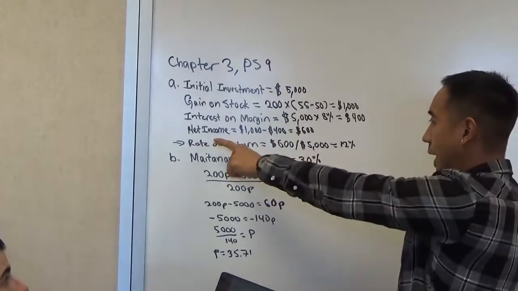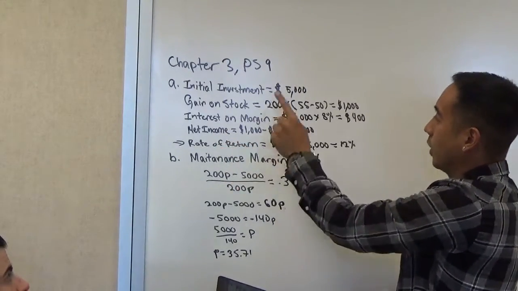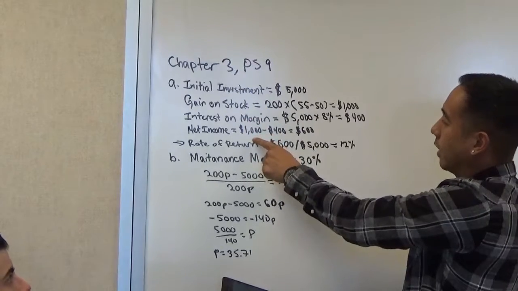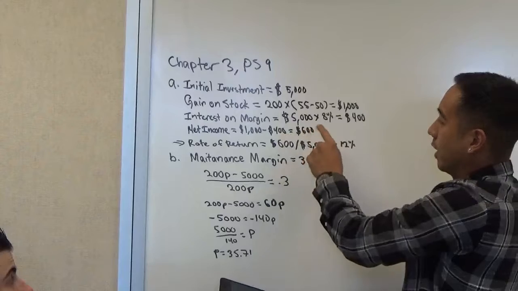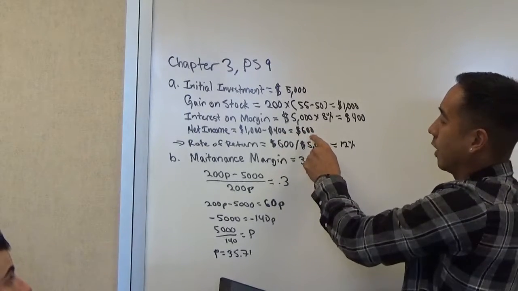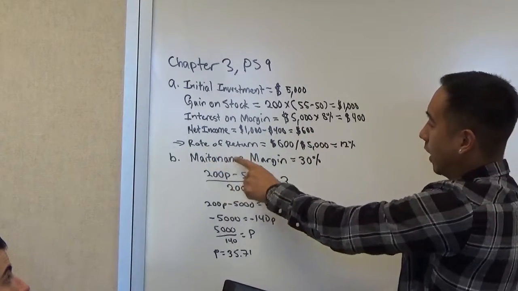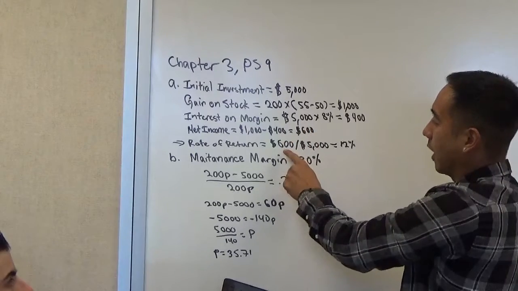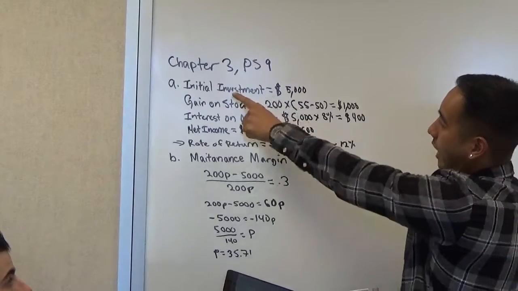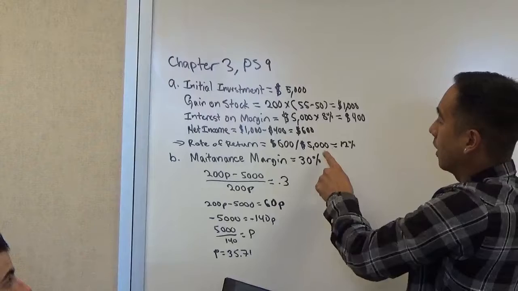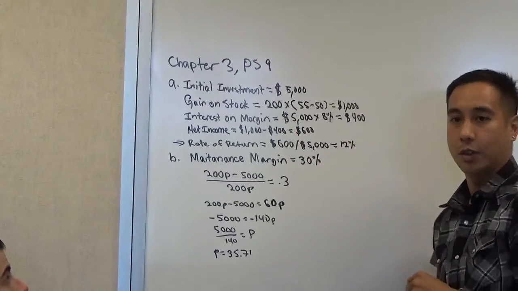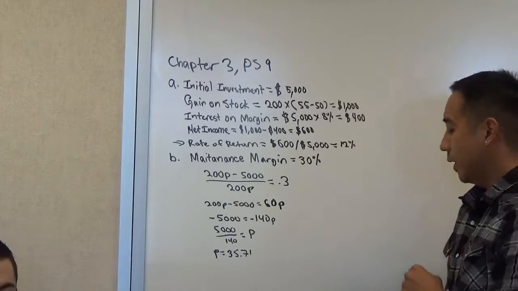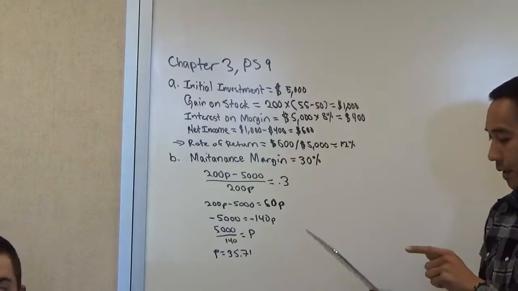And then you can now get your net income, which is the gain on stock, $1,000, subtracted by the interest on margin, which is $400, and your income is $600. So the rate of return is your net income, $600, divided by your initial investment of $5,000, and that equals 12% rate of return.